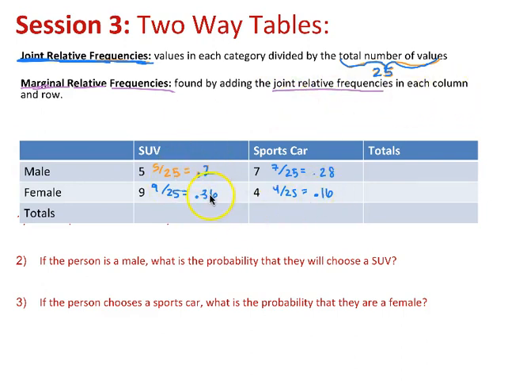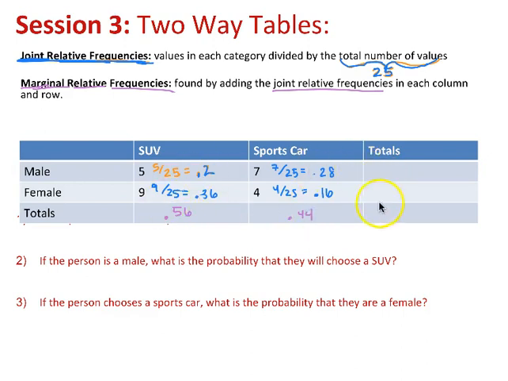So for SUVs, we add 0.2 plus 0.36 and we get a total of 0.56 or 56%. Again, writing that as a decimal and writing it in purple. For a sports car, we would add 0.28 plus 0.16 and I get 0.44.